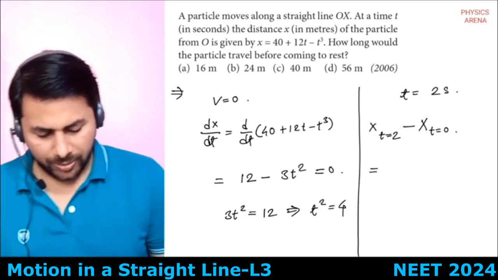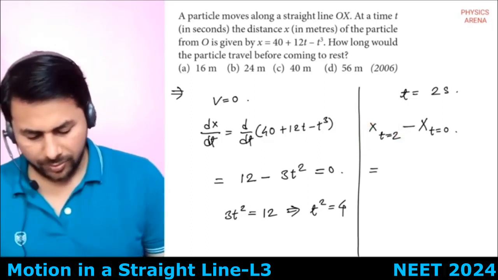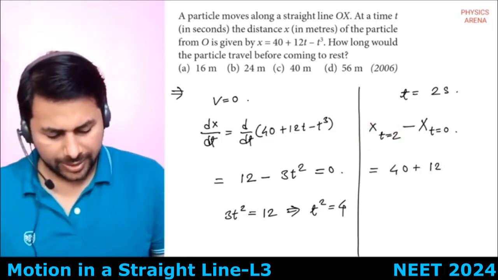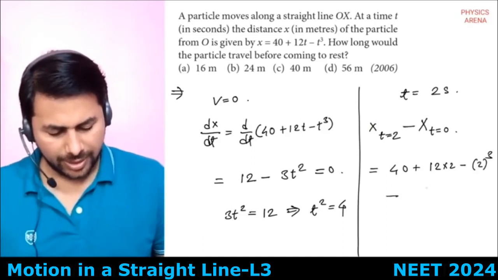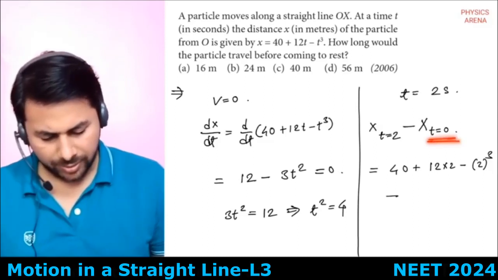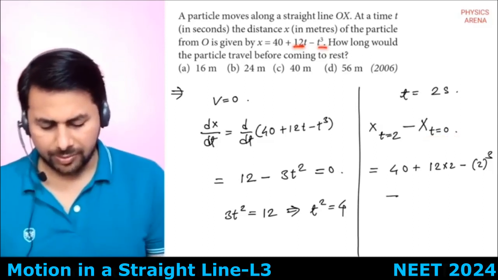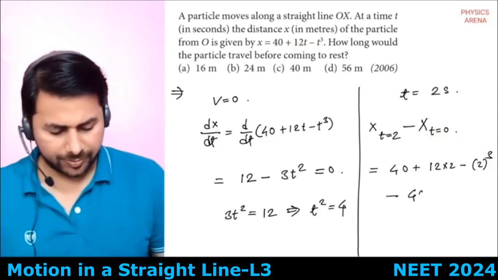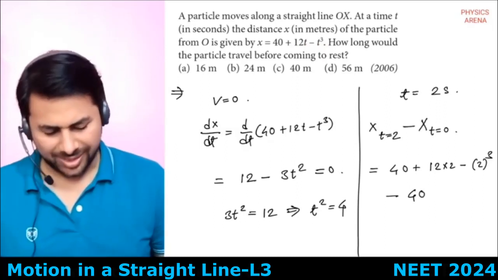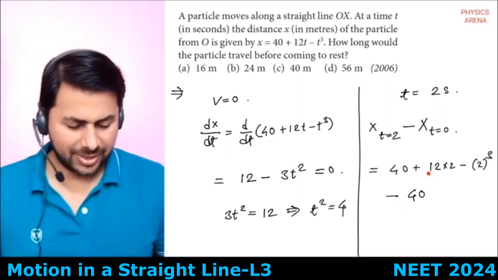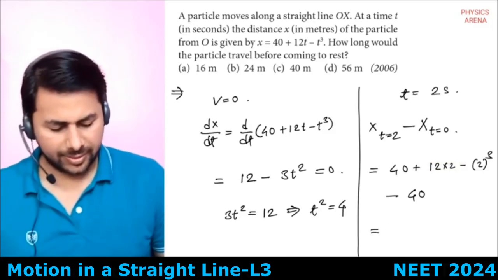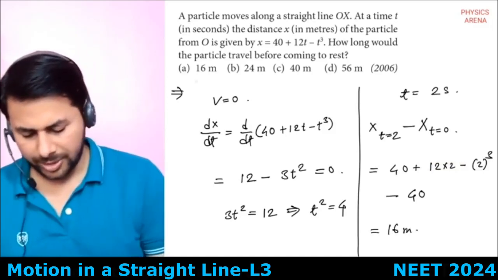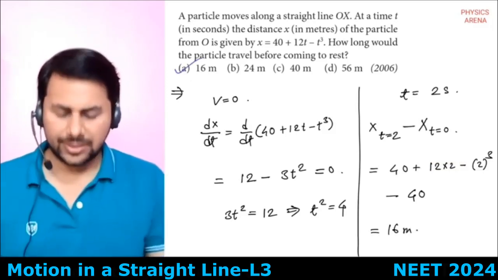Okay, so if you take t equals 2, then you have 40 plus 12 times 2 minus 2 cube, and minus you have t equals 0. At t equals 0, this thing and this thing will be 0, so it is just 40. Okay, let's check. 40 and 40 will get cancelled. This is 24, 24 minus 2 cube, which is 8, right? It is 16. Option A, right? This question is clear.